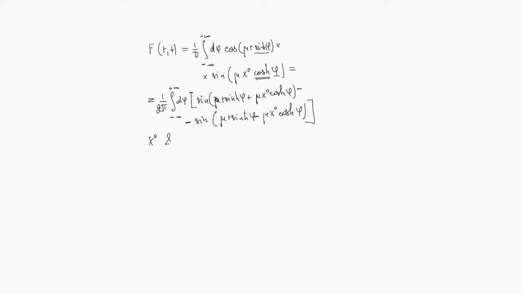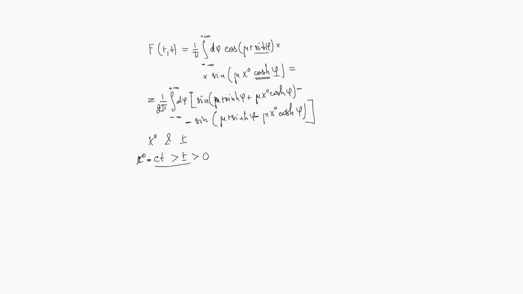For definiteness in further computation, I will consider the case where x0, which is the same as ct, is bigger than r, and then r is bigger than 0. And that is needed because every time I pick a certain inequality between ct and r, I have to make its own change of variables in order to proceed.